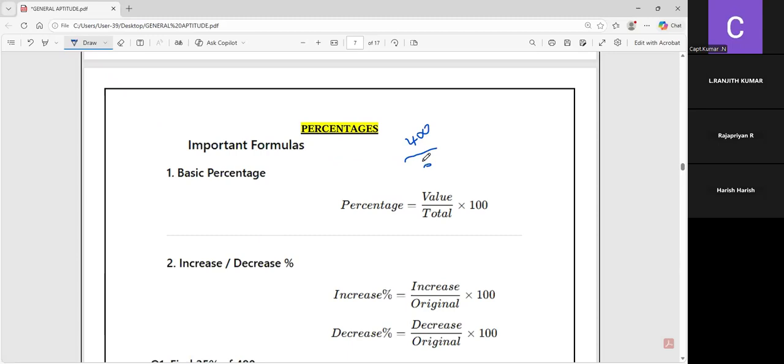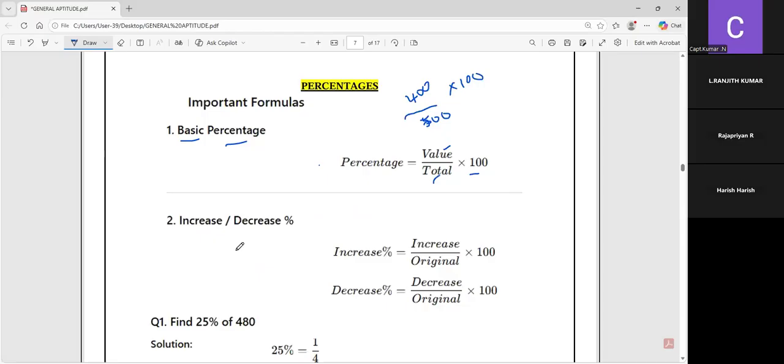So how much percent will come? We are going to divide these two values and multiply by 100. This is the actual percentage of the student. So this is the basic: percentage is nothing but the value of this component divided by the total value of the component into 100. That is called percentage.